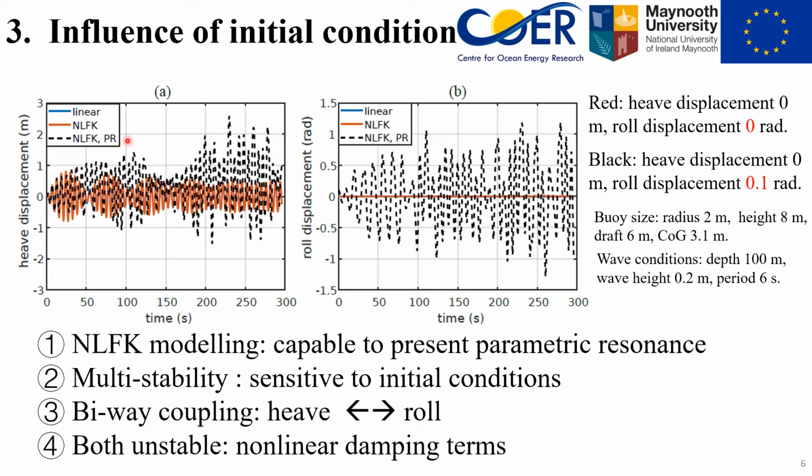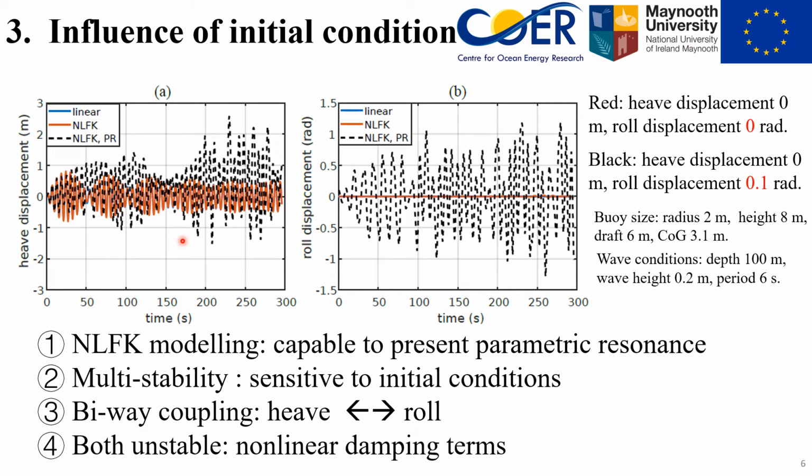The black curve represents the results when resonance occurs. Here, the initial roll displacement is 0.1. Such a small change in initial condition results in totally different dynamics. So we can see parametric resonance is very sensitive to initial conditions.